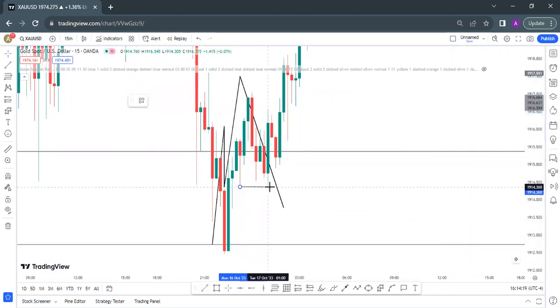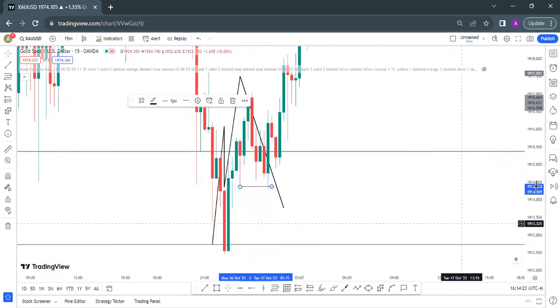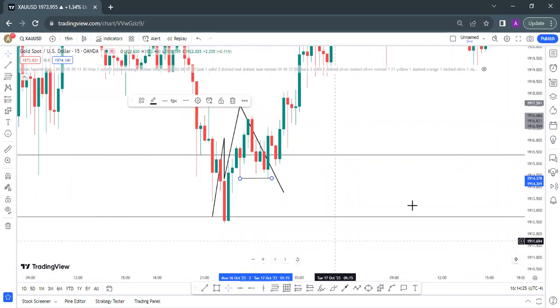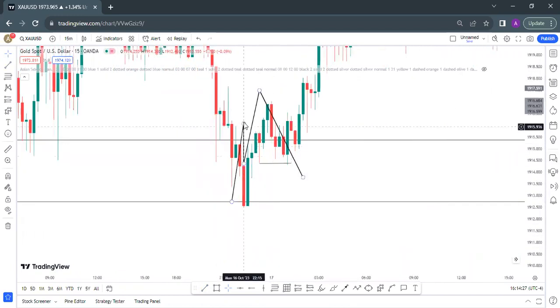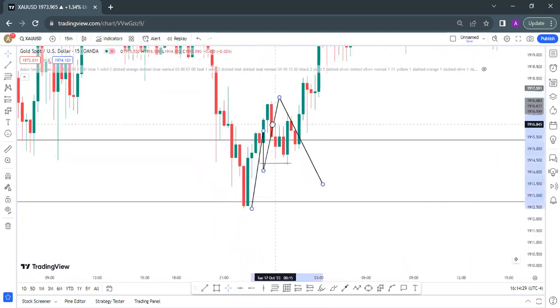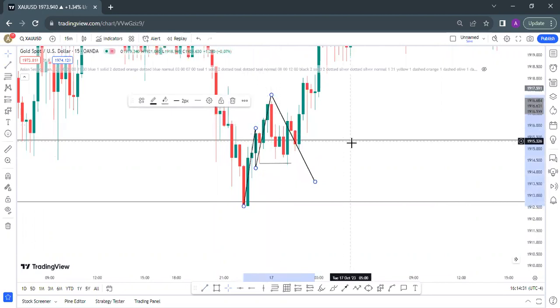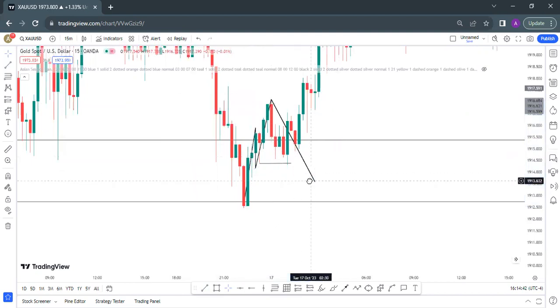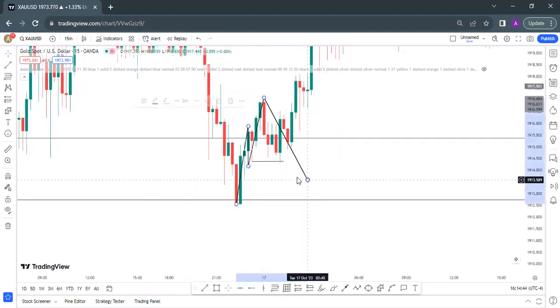This low has been swept by this candle, so this high is valid here, per what we learned. Using this example to show you what I'm talking about, we'll get to that particular area, but I want to refresh your mind of the old lesson.